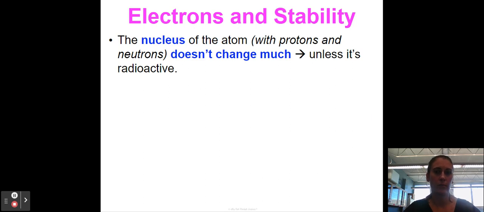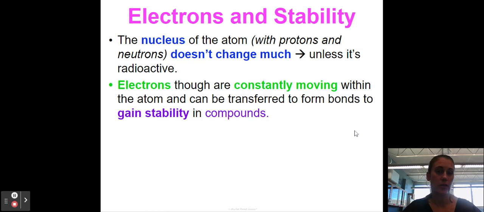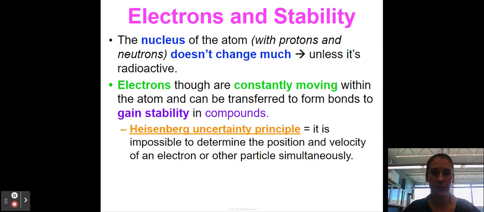The nucleus of the atom, remember, has protons and neutrons inside of it, and doesn't change much unless it's radioactive. Electrons, though, are constantly moving within the atom, and they can be transferred to form bonds to gain stability in compounds.